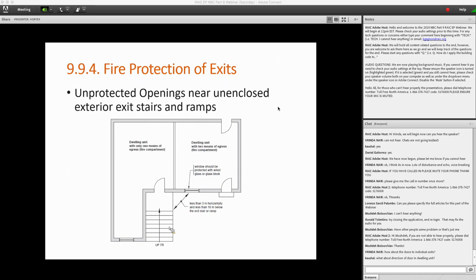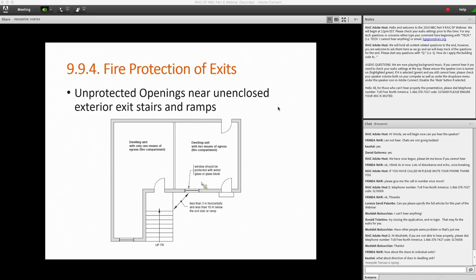So if the opening is less than 3 meters measured horizontally to the exterior exit stair, or less than 10 meters below an exit stair, then you have to protect that opening. The protection is either a closure, a wired glass assembly, or glass block.